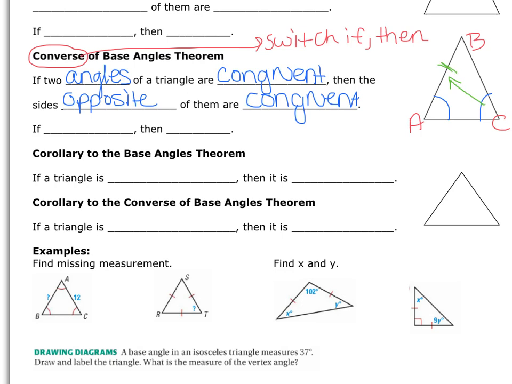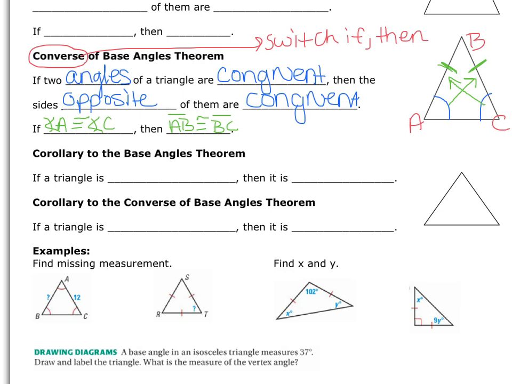So this side here, if I take that angle and go opposite of it, this side is the same. Basically, if angle A is congruent to angle C, then side AB is congruent to BC. Simple stuff. If you have the sides, you have the angles. If you have the angles, you have the sides.